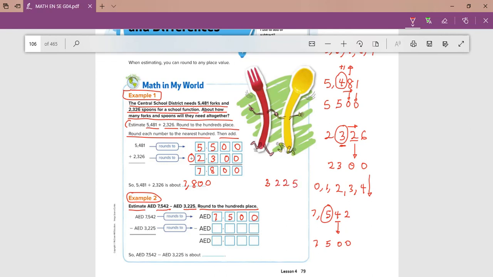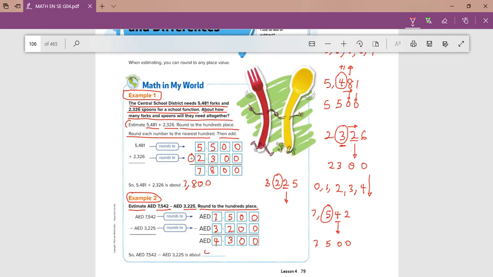And the next number is 3,225. The same thing, check the hundreds place digit, check the number next door, it is 2, less than 5, so I round down by doing nothing to this 2. So it is 3,200. Next, subtract. 0 minus 0 is 0, 0 minus 0 is 0, 5 minus 2 is 3, and 7 minus 3 is 4.